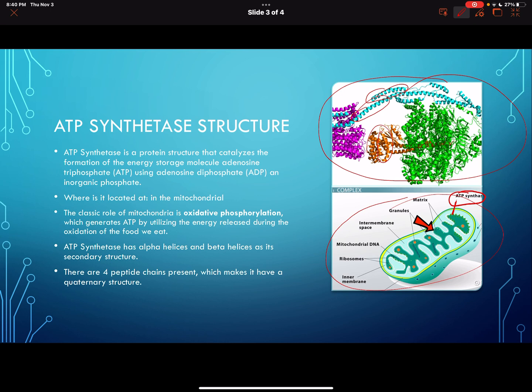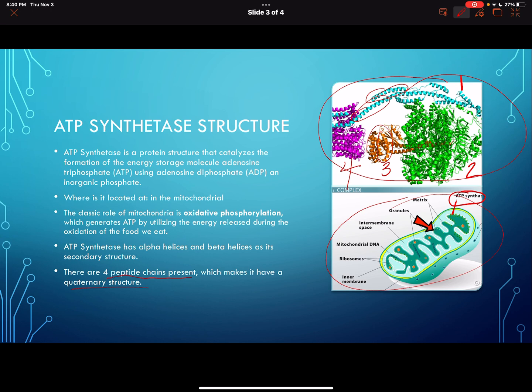So now we want to look at how many peptide chains ATP synthase has. And for us to look at how many peptide chains ATP synthase has, we want to look at how many colors are present. So there's 1, 2, 3, 4 colors that are present. So since there's 4 colors, we have 4 peptide chains that are present, which makes it have a quaternary structure.